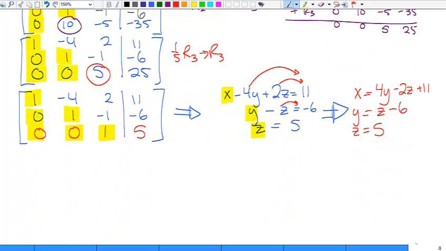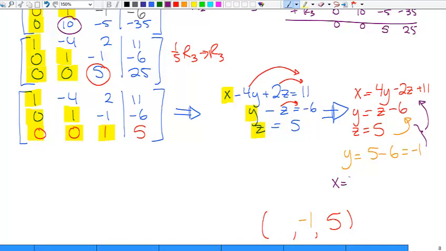So in my solution, I already know in the xyz that z is 5. It's already solved. In order to find out what y is, I'm going to take z and back substitute it into the y equation. So that's 5 minus 6, which is negative 1. Okay, to find the x, I'm going to take both 5 and negative 1 and plug them into the x equation.